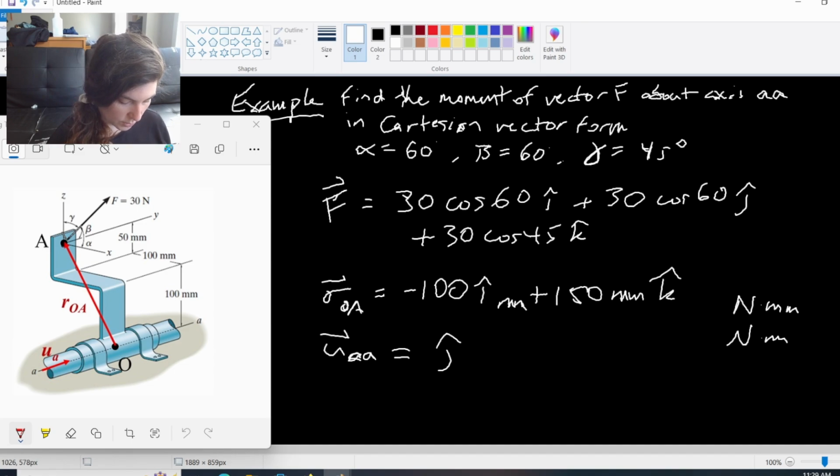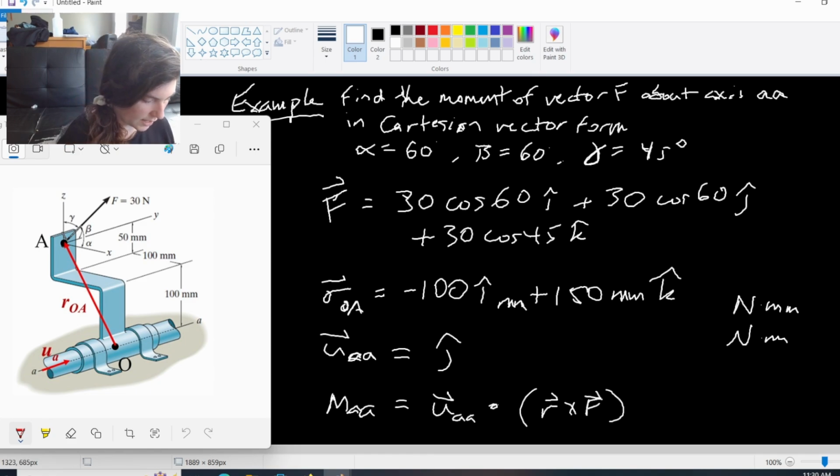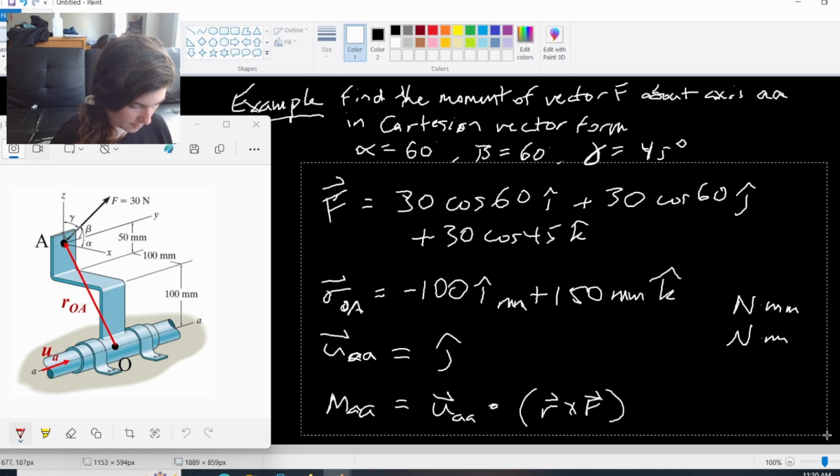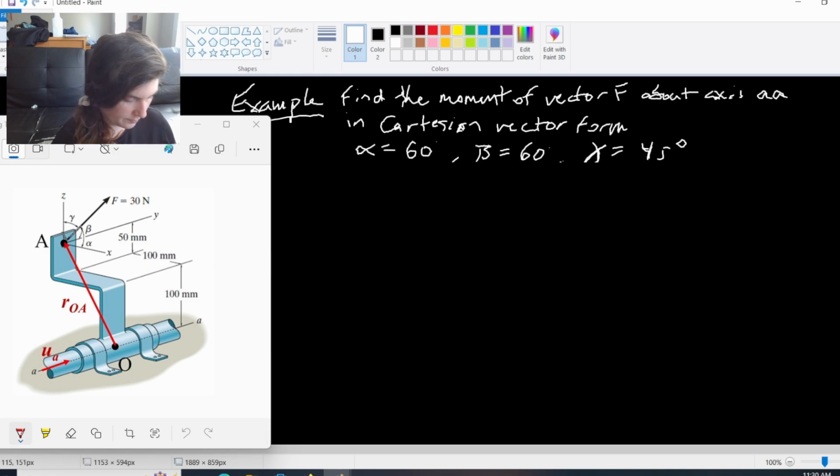Now that we have all these, we can plug them in to our handy-dandy moment magnitude equation, right? Our unit vector AA, dotted with R cross F. So let's go ahead and plug those in. Our shortcut form is going to be the unit vector first.